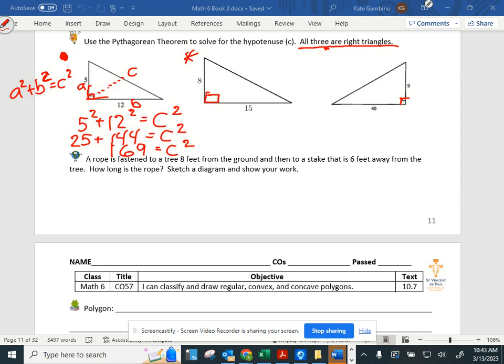What is the answer? What is my missing side length? What do I do to find it, Riziki?